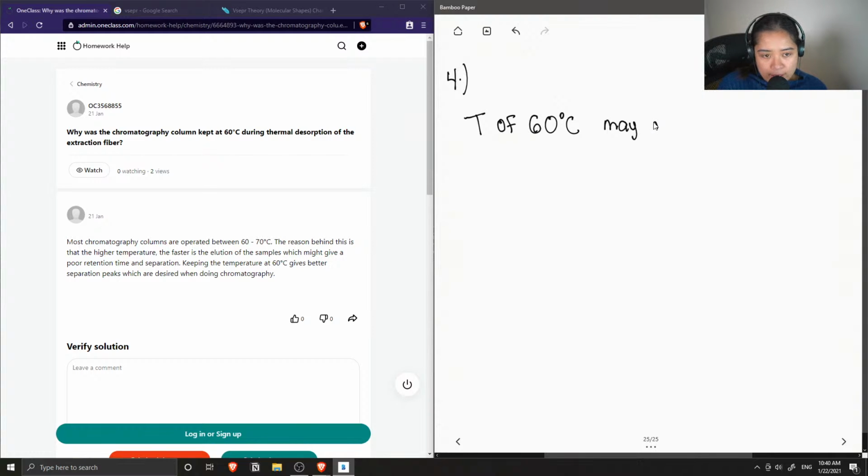you may get better separation peaks when doing chromatography.